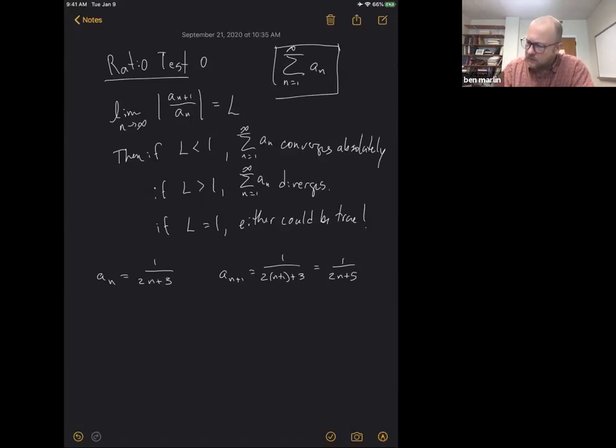If, however, my a sub n was, let's say, 1 over 2n factorial, okay? As a matter of fact, I am going to jazz that up a little bit. I'm going to say 3n factorial, okay? So you all know that if I were talking about n factorial, that is 1 times 2 times 3 on up to n.